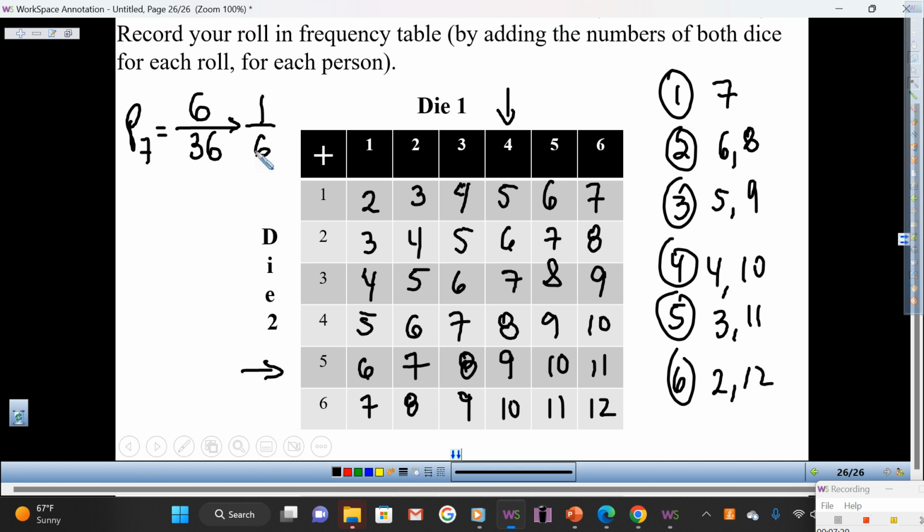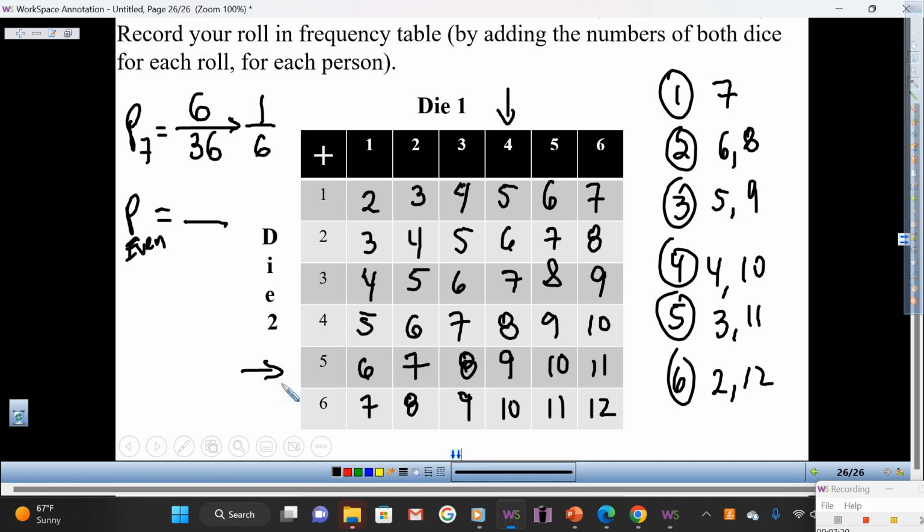So, with that said, find me the possible outcome of rolling an even number. Possible outcome of an even number. Talk to your neighbor, let them know what you're doing.